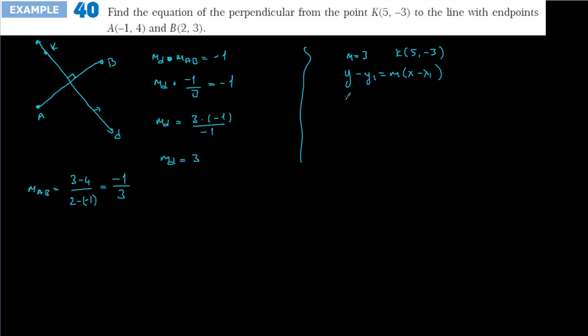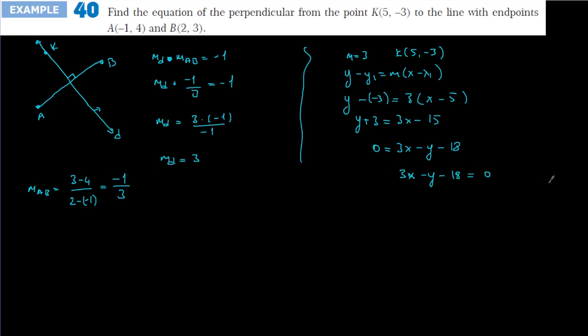So y minus -3 is equal to 3 times x minus 5, it has to be. y plus 3 is equal to 3x minus 15, and you can get the terms to one side. 0 is equal to 3x minus y minus 15 minus 3, which is minus 18, or 3x minus y minus 18 is equal to 0. This is the equation of the line.